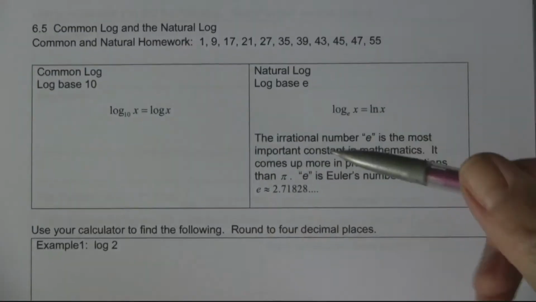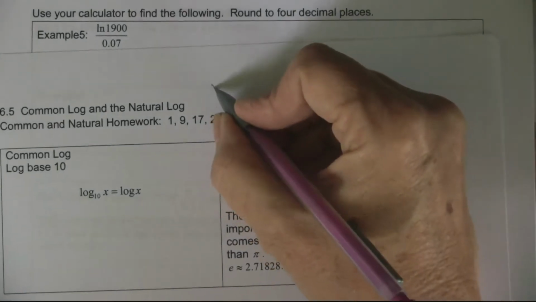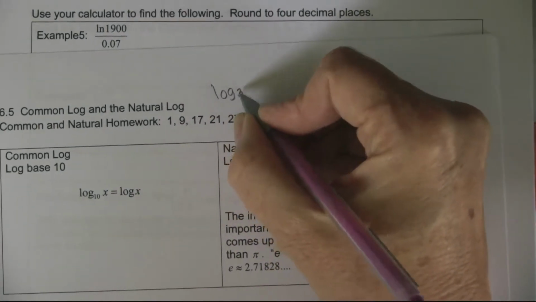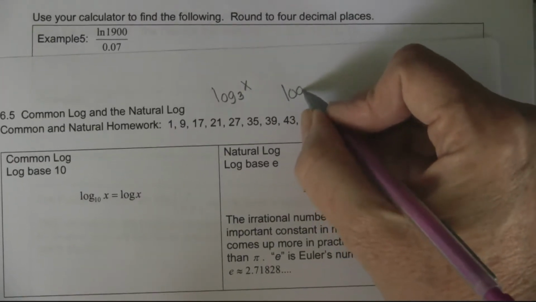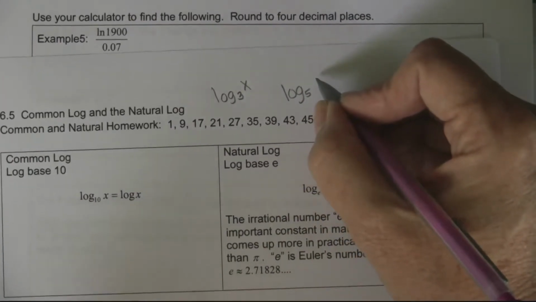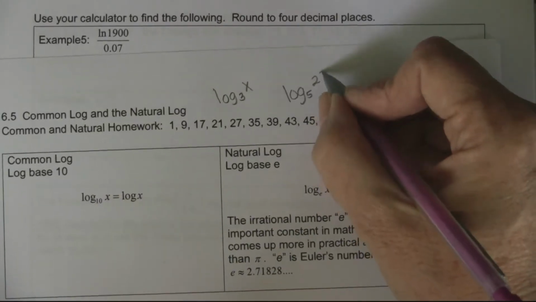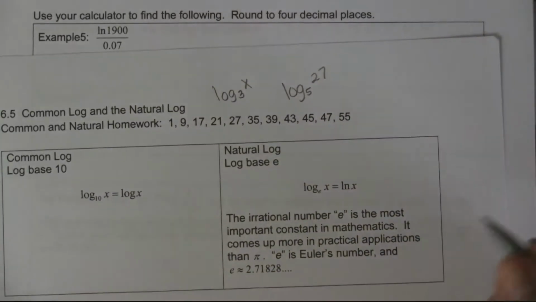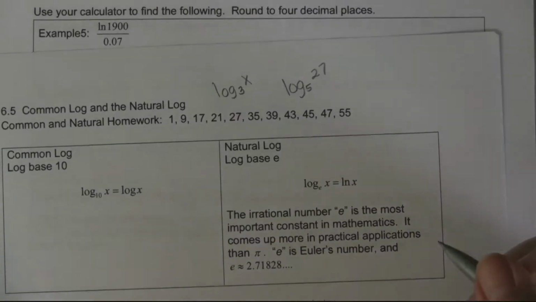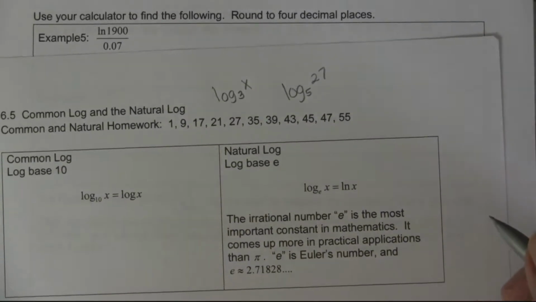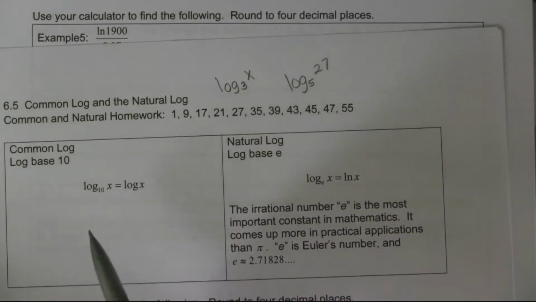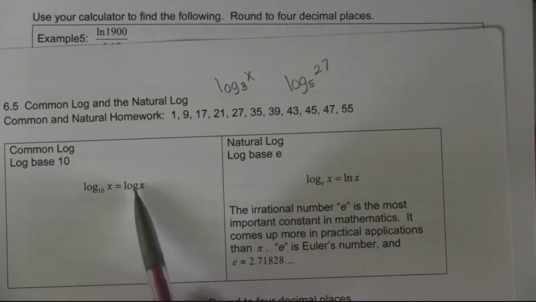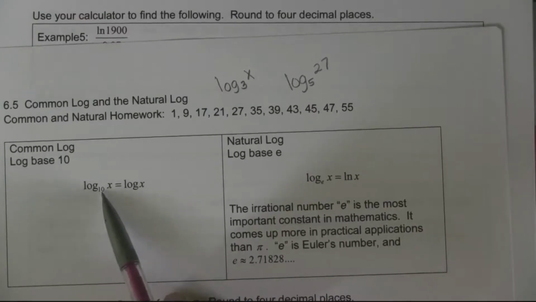So if I want it to be base 3, then I have to write the 3, log base 3 of x. If I want it to be log base 5, I have to write the 5, and maybe I have a number like 27. That's not going to be a particularly nice value, but it is a value that I can put in my calculator and find. So when they just put log, it's assumed to be log base 10.